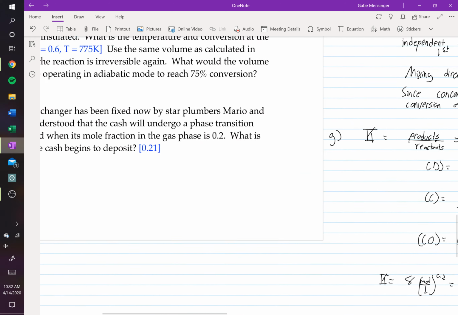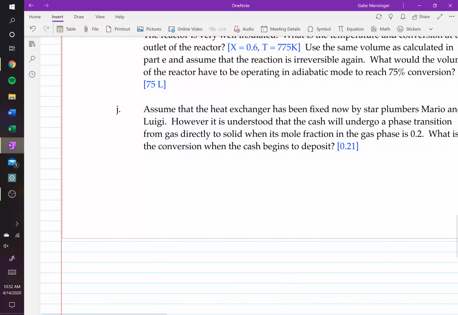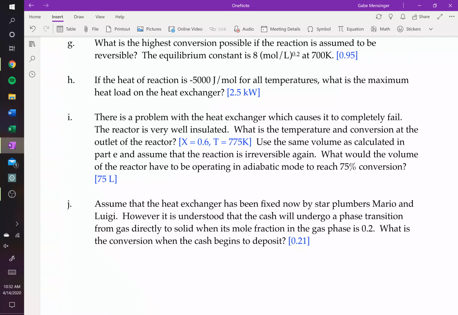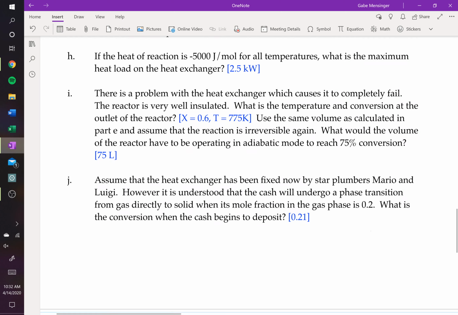Okay, moving on to part H. If the heat of reaction is 5,000 joules per mole for all temperatures, what is the maximum heat load on the heat exchanger? Okay.